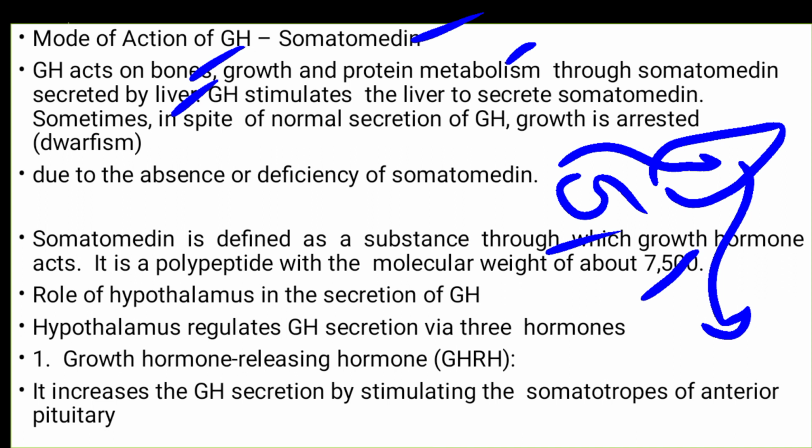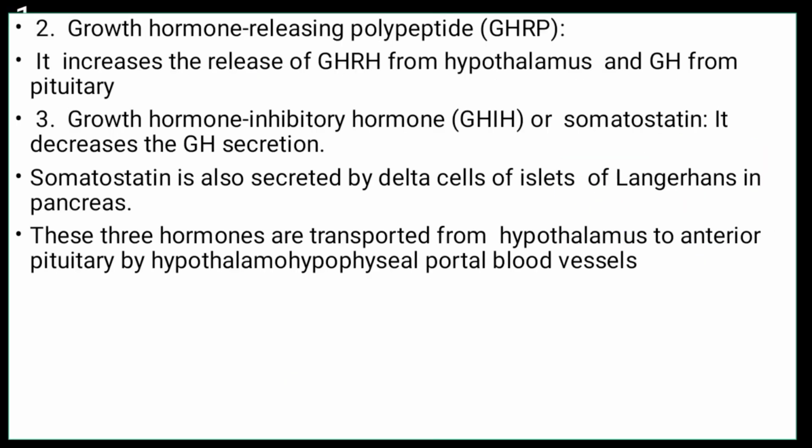And now, what is the role of the hypothalamus in the secretion of growth hormone? The hypothalamus regulates growth hormone through three hormones. The hypothalamus releases three hormones. Growth hormone releasing hormone increases growth hormone secretion by stimulating the somatotropes of the anterior pituitary. Growth hormone releasing polypeptide increases the release of growth hormone releasing hormone from the hypothalamus and growth hormone from the pituitary gland.